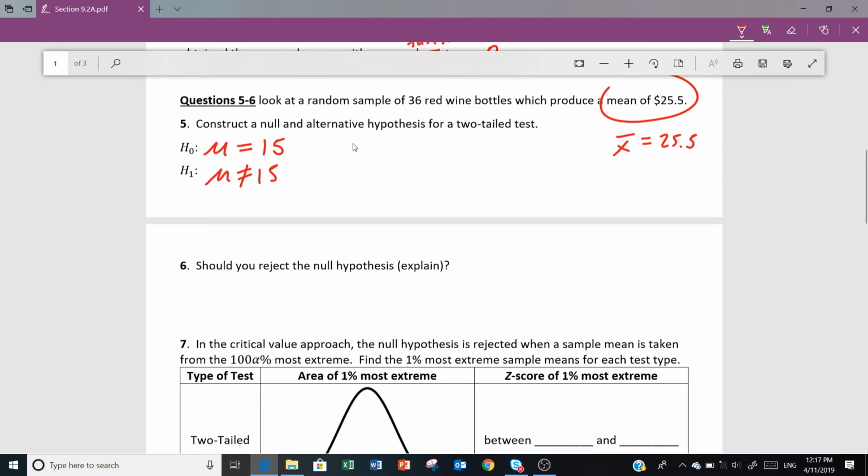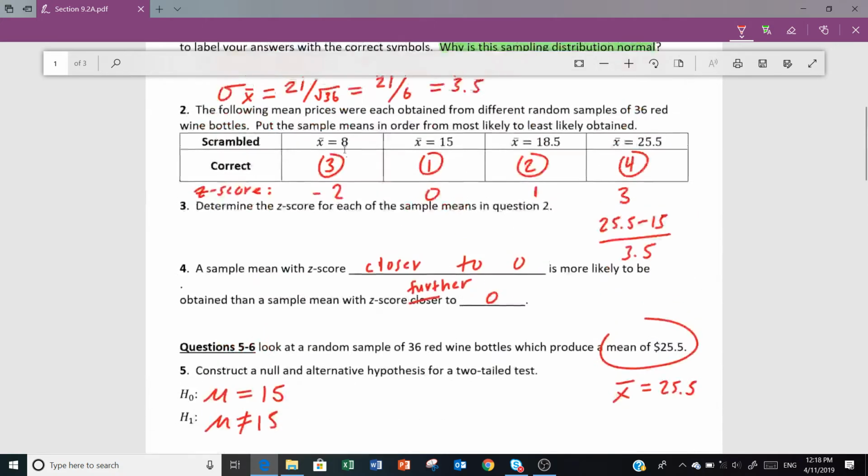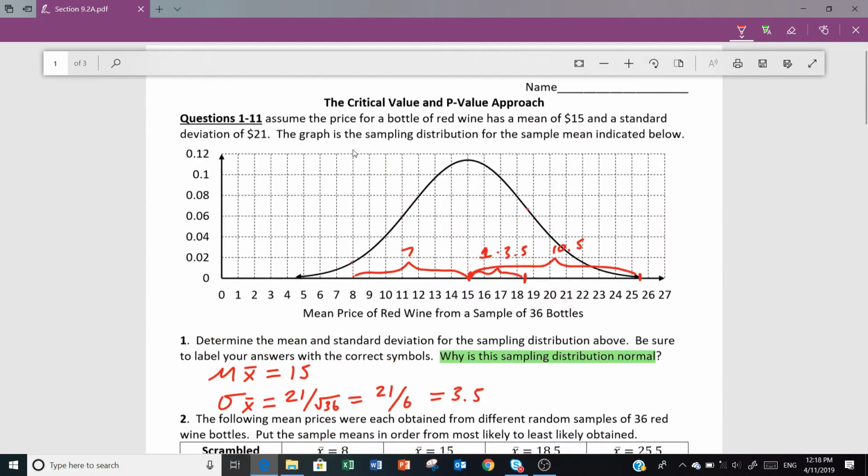Why should we reject it? Does anyone know? Yes, Lauren. Exactly. If our population mean is really 15, we shouldn't be getting a sample mean that's 25.5.